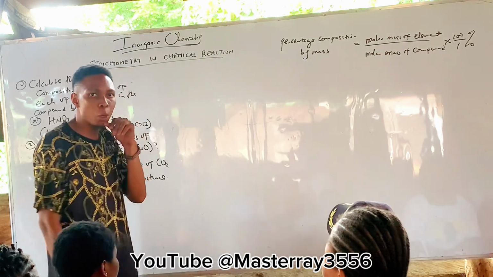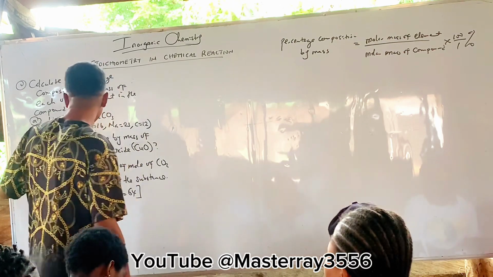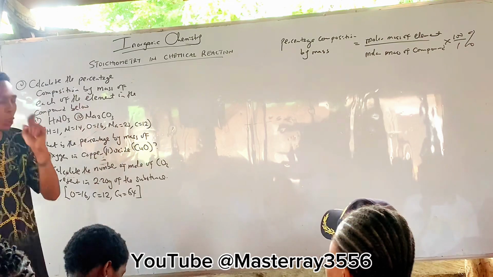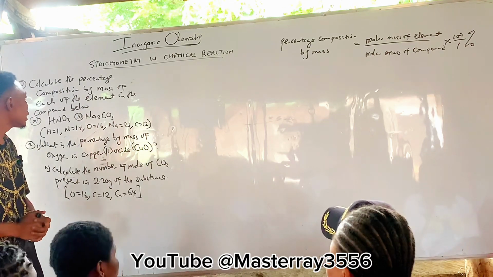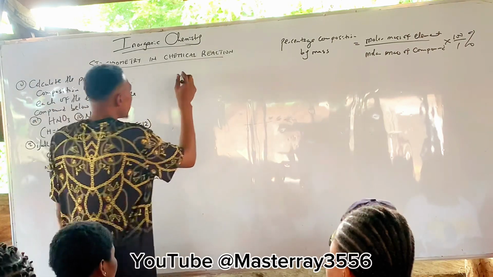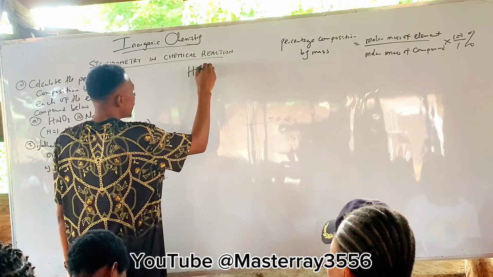So this is percentage composition by mass. Now for this we are asked to calculate the percentage composition by mass of each of the elements in the compound below. So we are given HNO3.